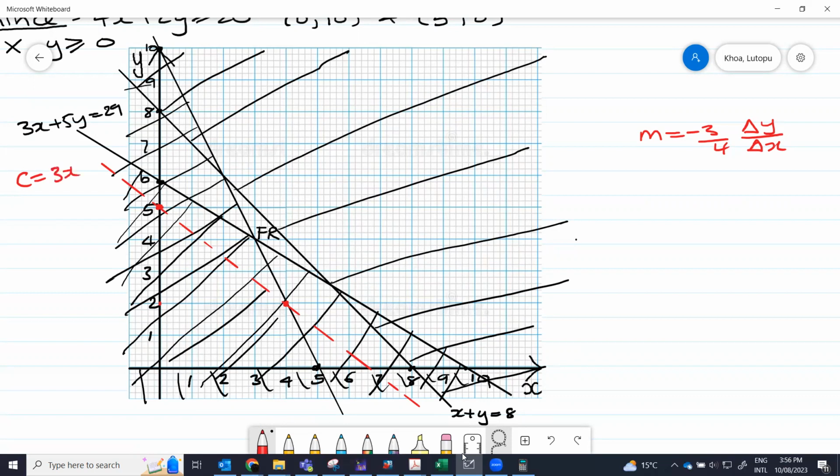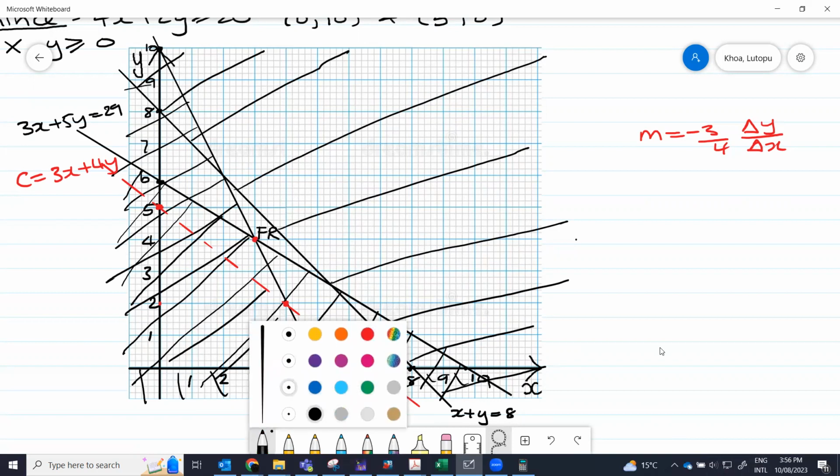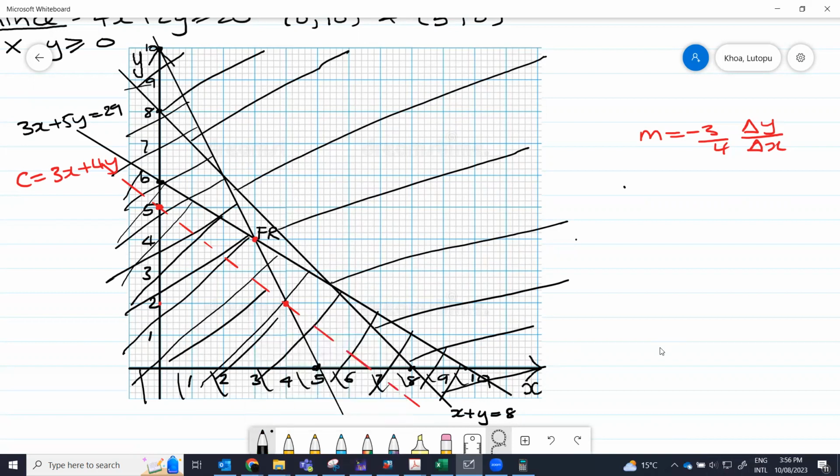So C is equal to 3x plus 4y. Okay, and then your points here, this one, that is 3, 4. Then the other vertex here, that looks like 2, 6.